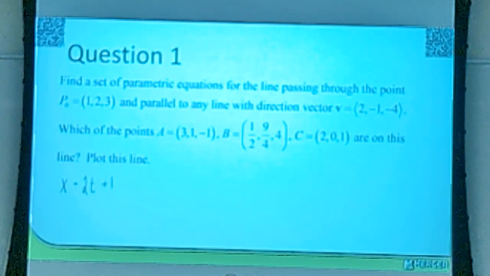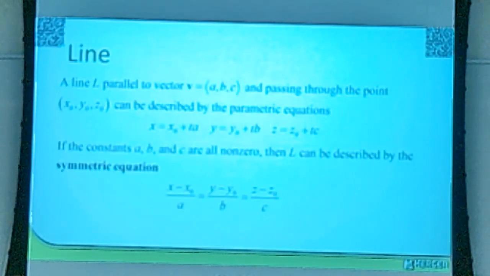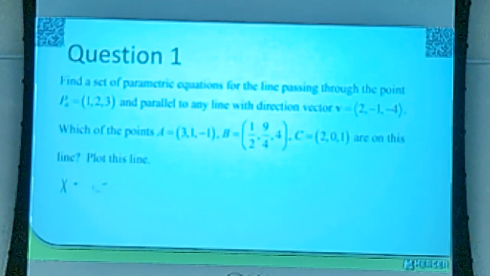x naught plus at, or at plus x naught. What was it in the definition? I stick with it. It was x naught plus at, so I can write it that way.